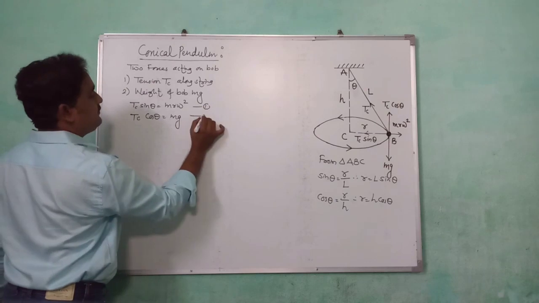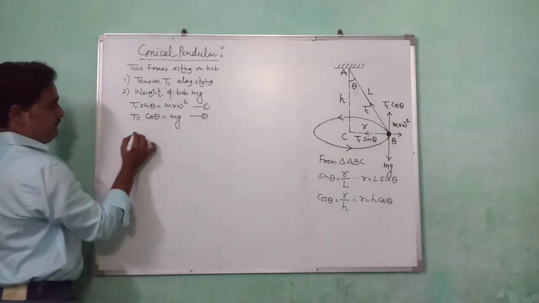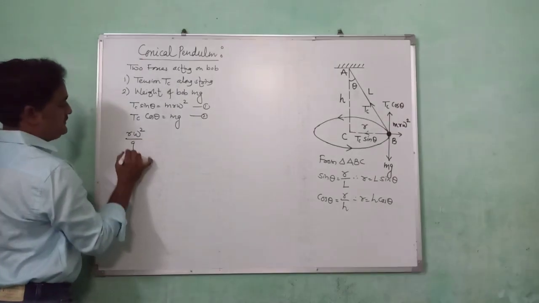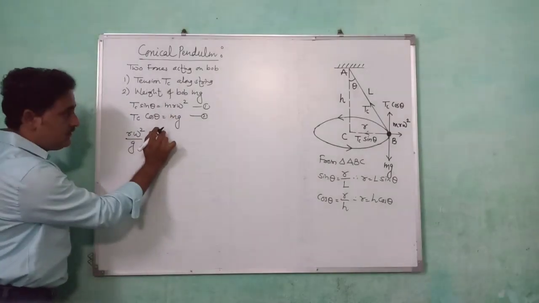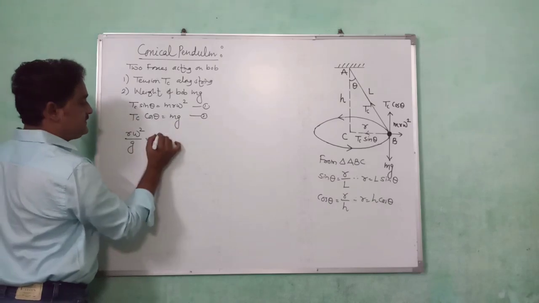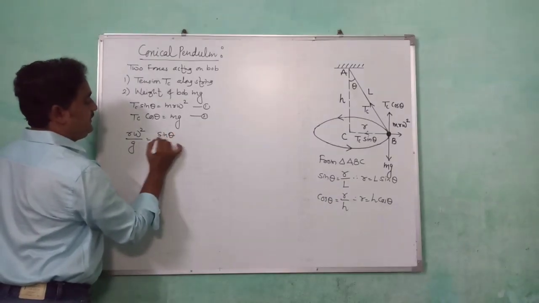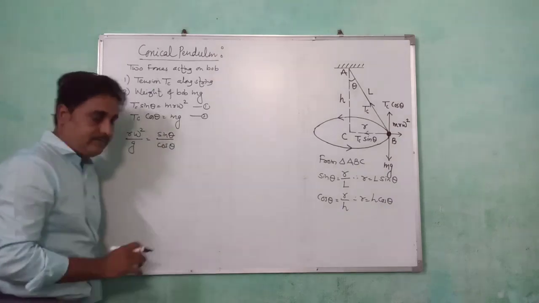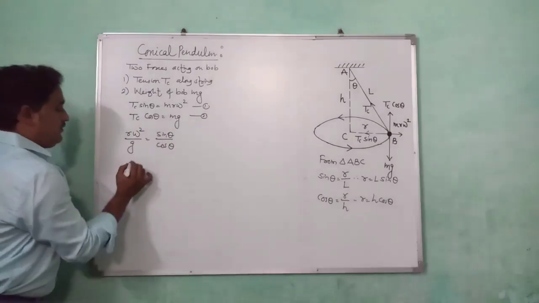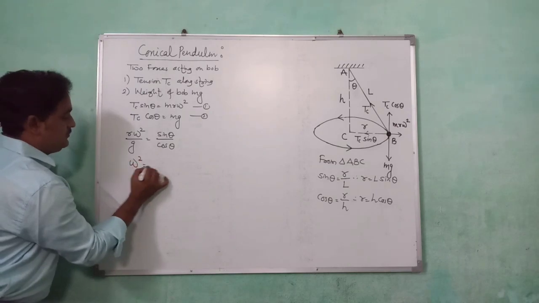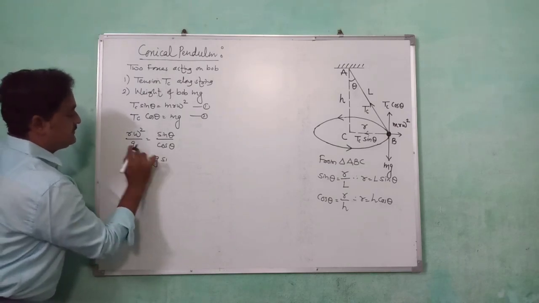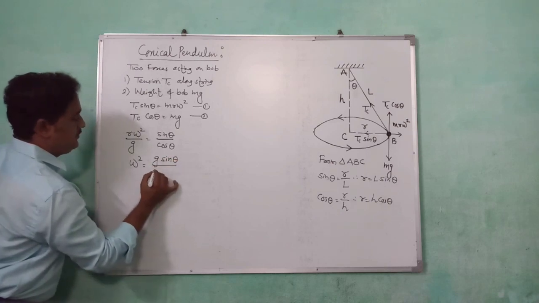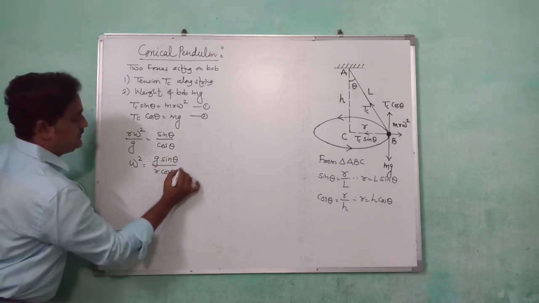If you divide the two equations, T and m get cancelled out, and you will get tan theta equals r omega square upon g, or omega square will be equal to g sin theta upon r cos theta.